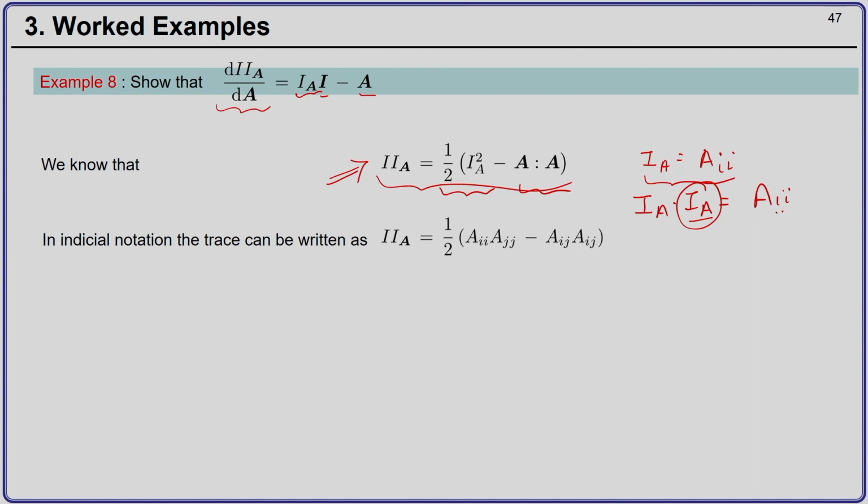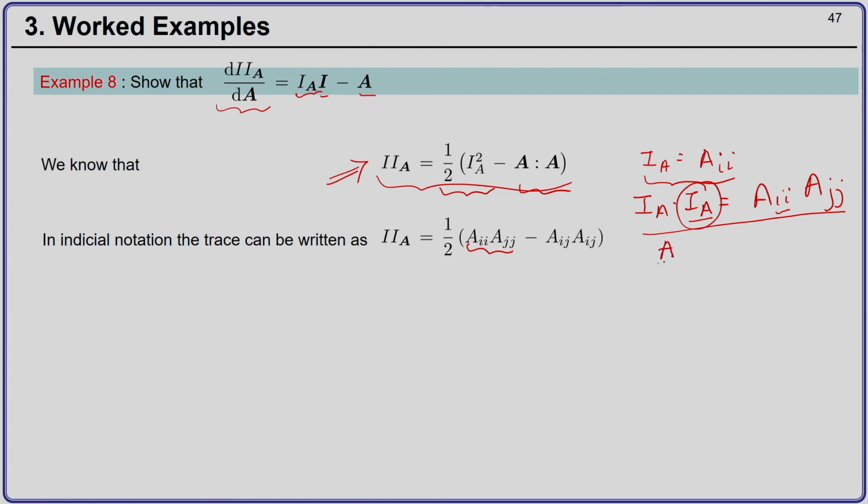We already have i twice, so i cannot occur again. So, instead of i, we take j. So, I_A squared will be nothing but A_ii A_jj. That is the first expression on the right hand side in indicial notation.